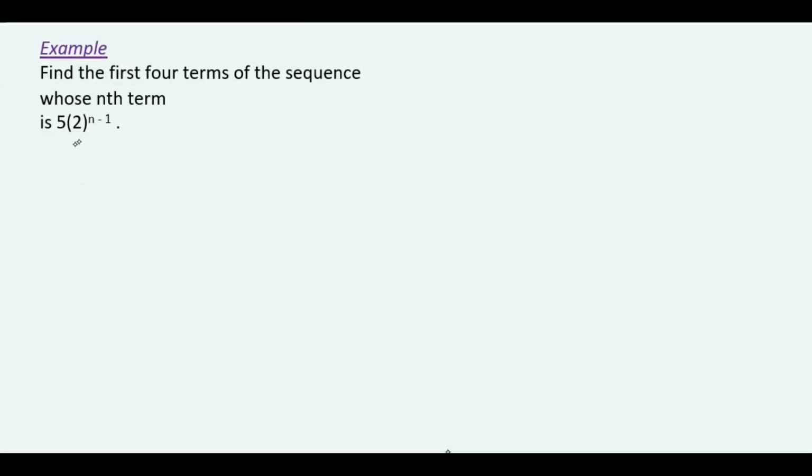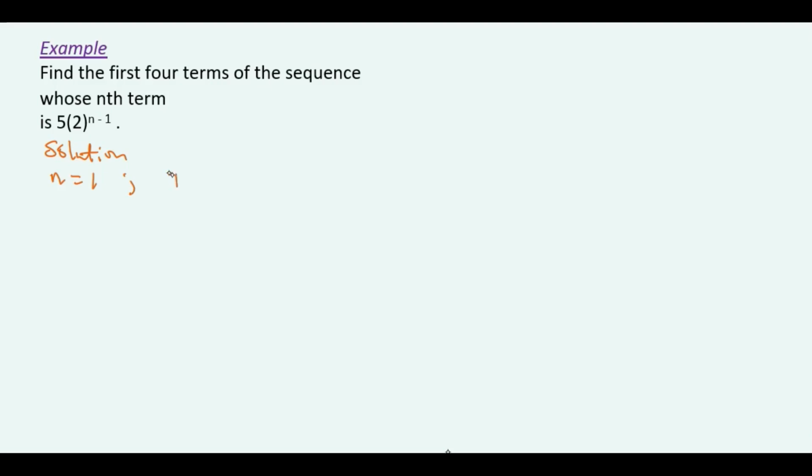Let us look at the other example. The other example is that we should find the first 4 terms of the sequence whose nth term is equal to 5 into bracket 2 raised to power n minus 1. Okay, now if we want to do this, the first term is n equals 1.